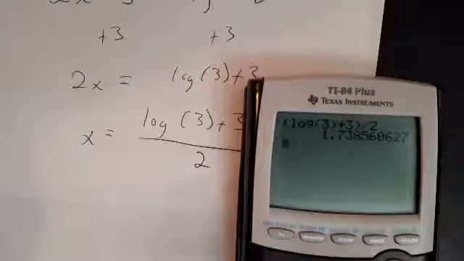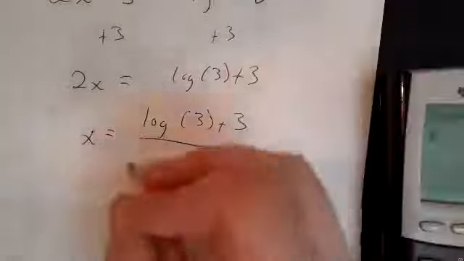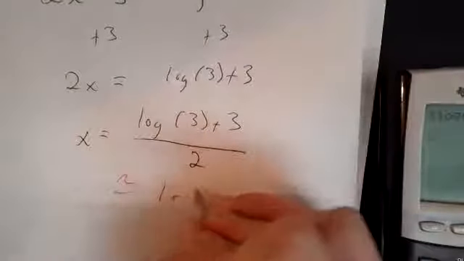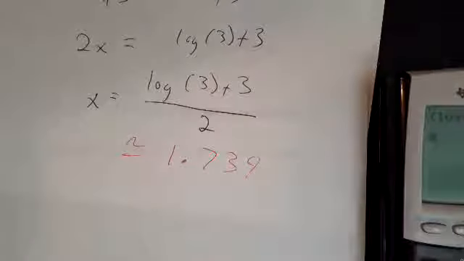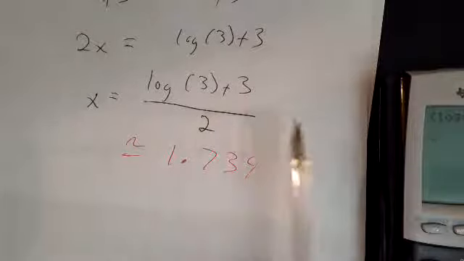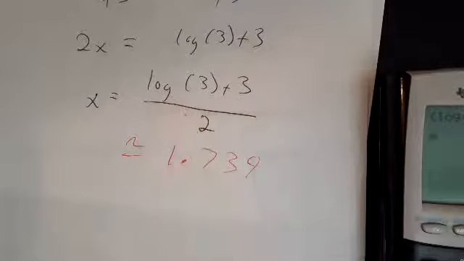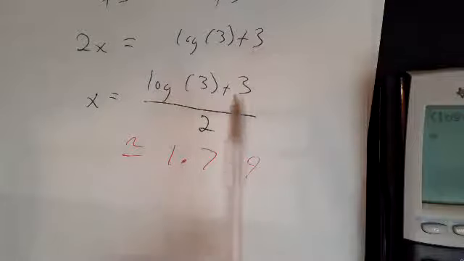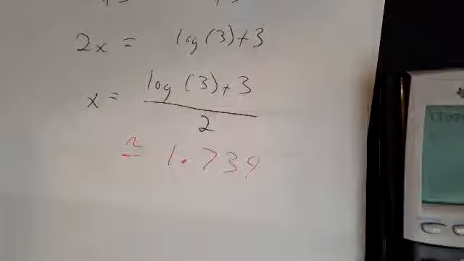That gives me about 1.739, right? I want the exact solution when I see it. If you give me the approximation, that's okay, but the exact solution is the thing I really want to see. It tells me you know how to do those algorithms.